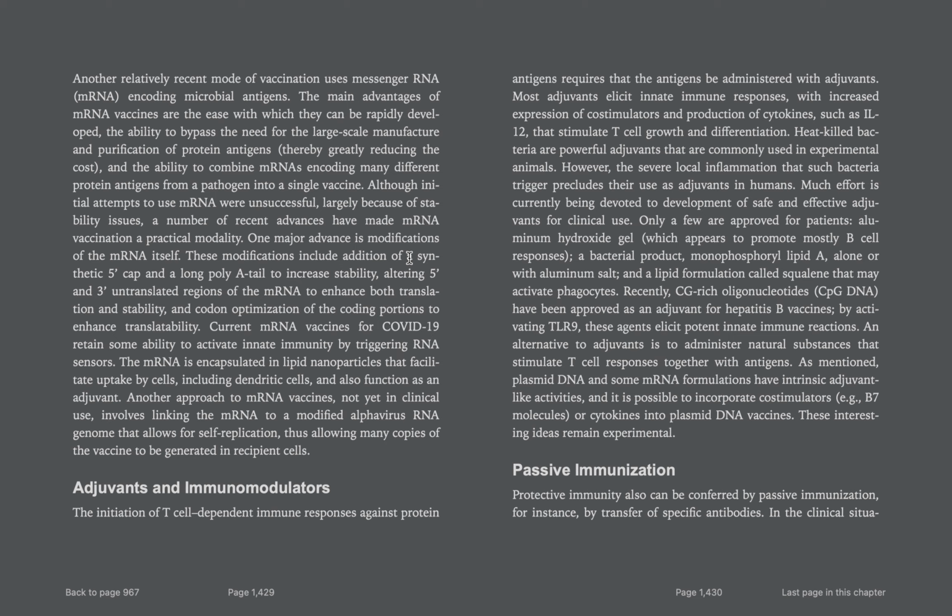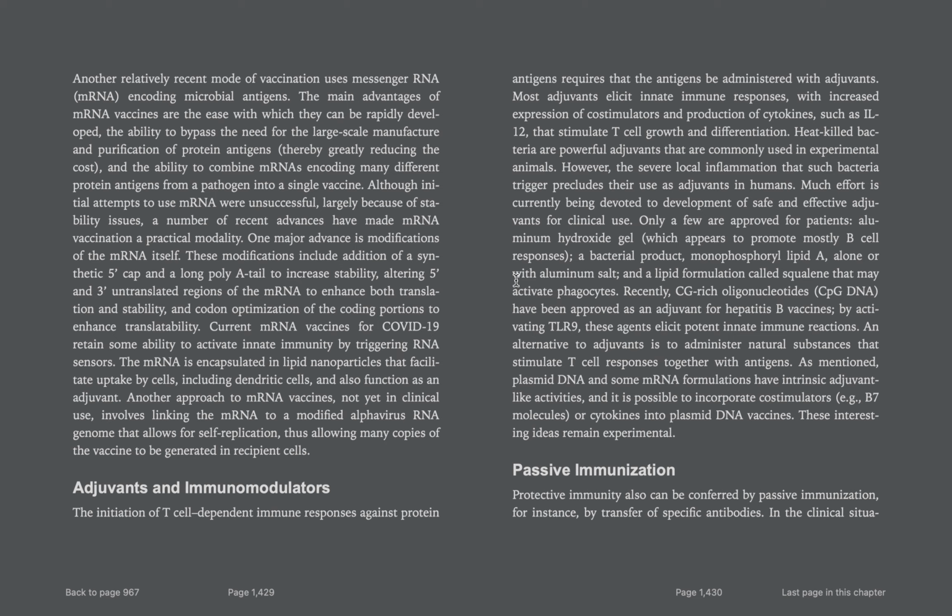This modification includes addition of a synthetic 5' cap and a long poly-A tail to increase stability, altering the 5' and 3' untranslated regions of the messenger RNA to enhance translation and stability, and codon optimization of the coding portion to enhance translatability.